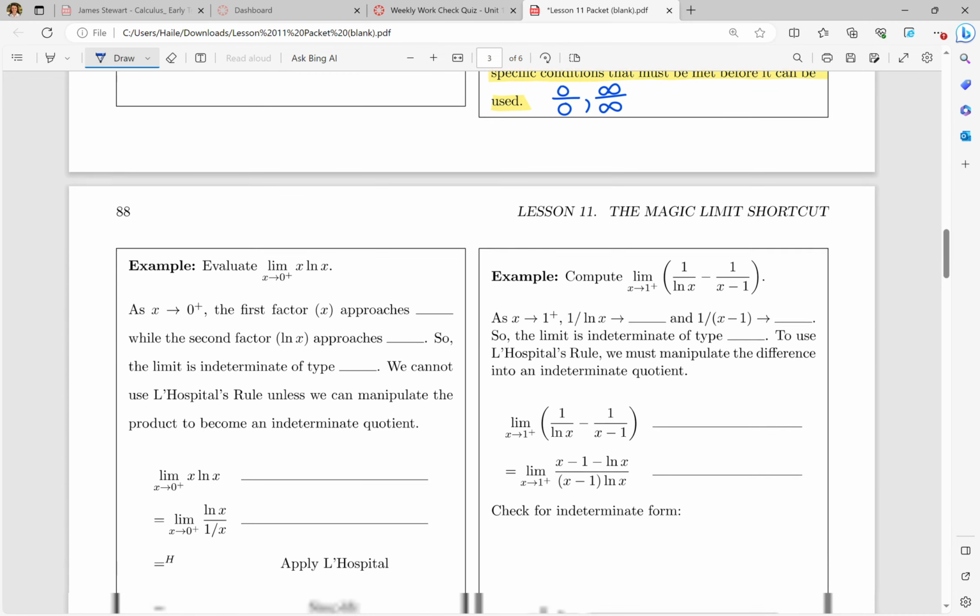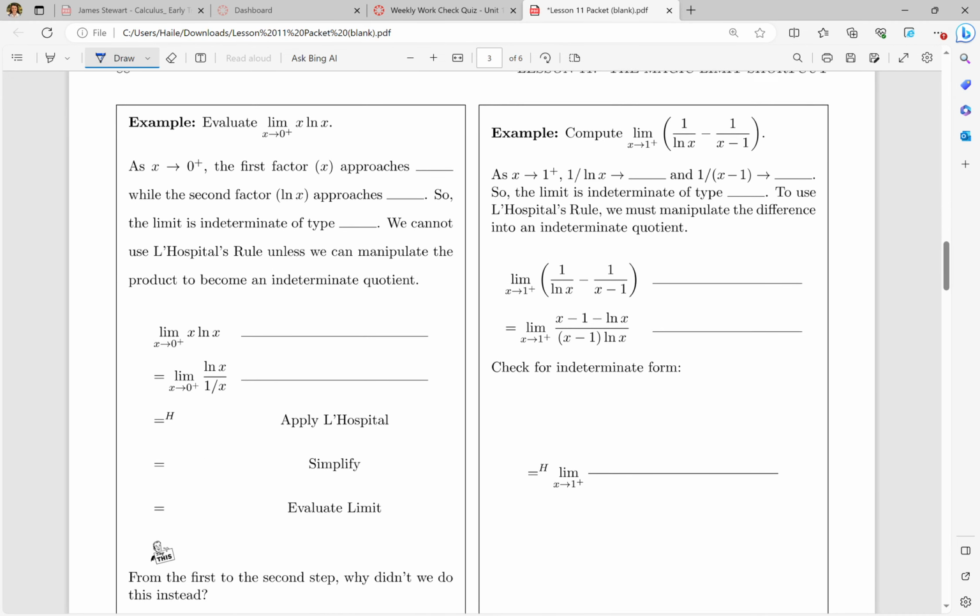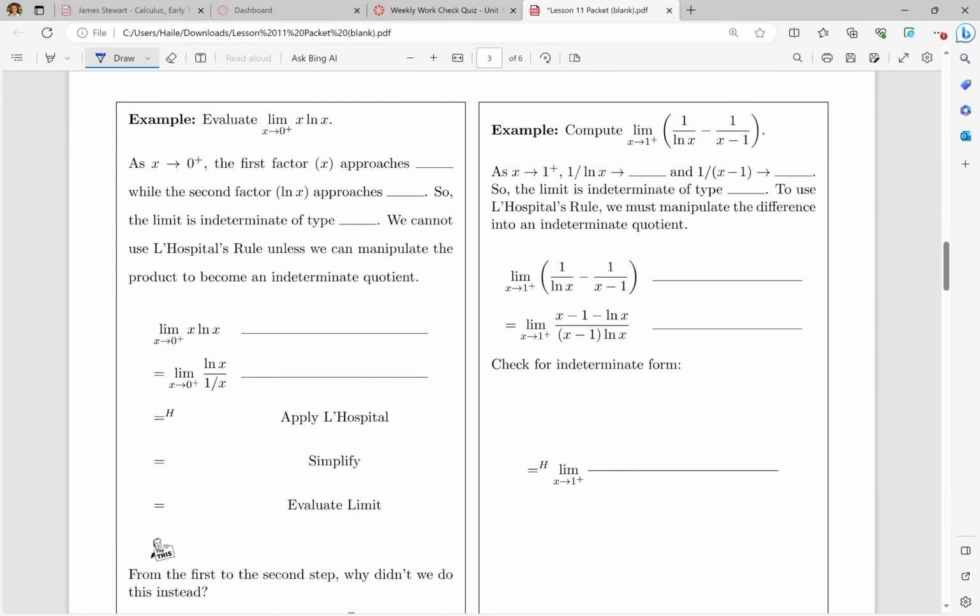So let's try a couple more examples that are a little more difficult. So our next example, we're going to evaluate the limit as x approaches 0 from the right of x times ln of x. So we don't have a quotient anymore, so this is going to be a different indeterminate form than we've done so far. So first, we analyze the problem to see what exactly type of indeterminate form that we have.